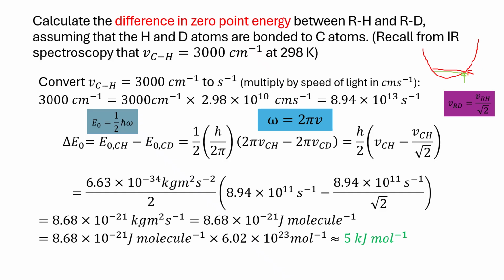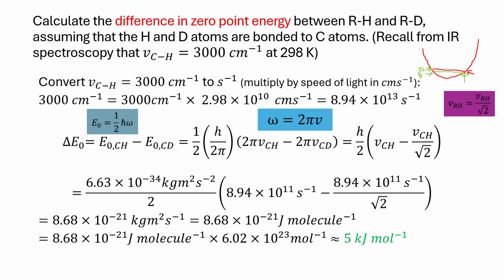The reason is that the deuterium atom is much heavier than the hydrogen atom, so the energy is much lower compared to RH. Now we have to find the difference between these two levels, the red line and the green line. What is the energy difference, the delta here?